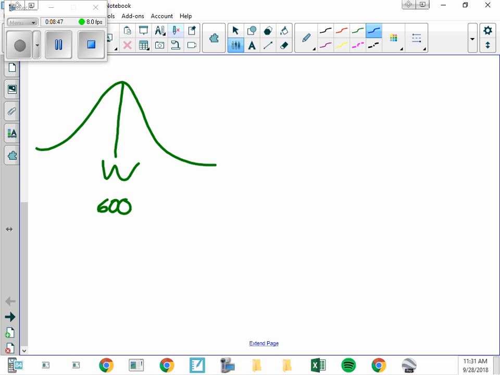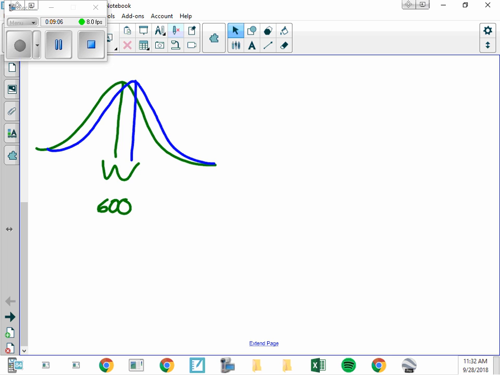Exact same shape. Why is it exactly the same shape? Because the SD is the same. So I'm going to take this exact same shape, and I'm going to move it to the right. So that number is 650.